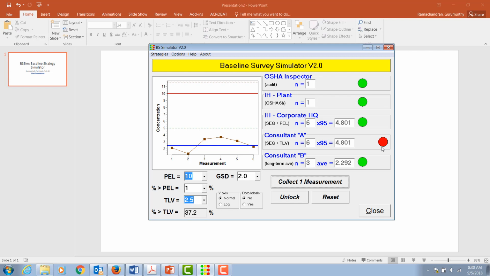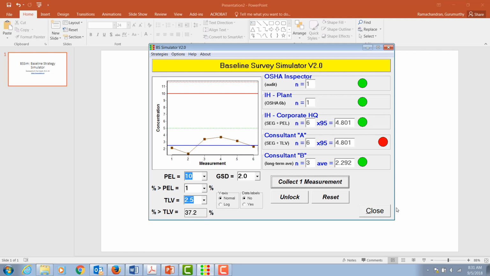Whereas consultant A, who is using the AIHA strategy of at least 6 measurements and the TLV as the occupational exposure limit, makes the right decision. So you can play around with each of these parameters, setting different exceedance fractions. You can also change the geometric standard deviation to make it a more or less variable SEG, and look at the results of random sampling.